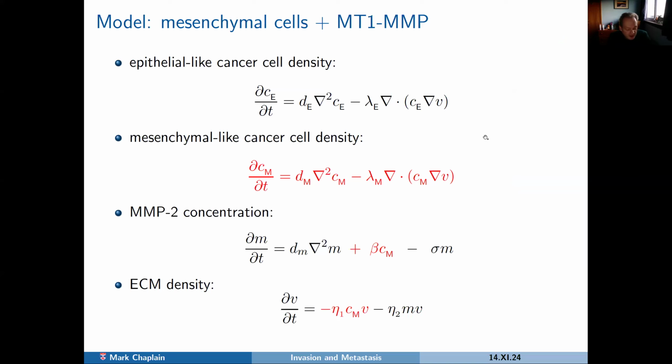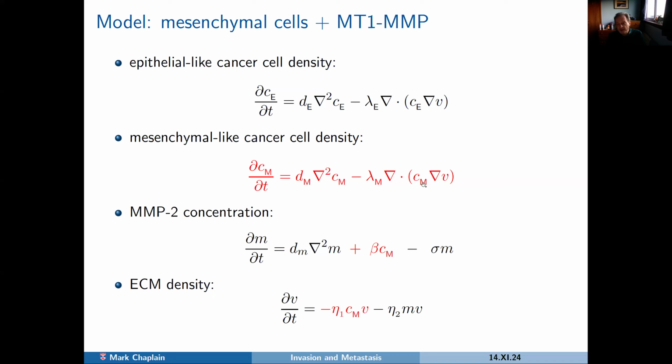So we updated our invasion model, and we have now two populations of cancer cells. We have epithelial cells, and so they diffuse and have haptotaxis. And we're going to discretize this and add in proliferation at the appropriate stage. So this is the PDE first of all. And then we have our mesenchymal cells.